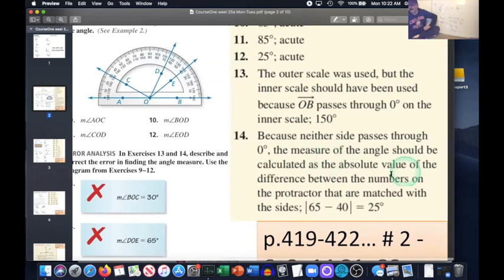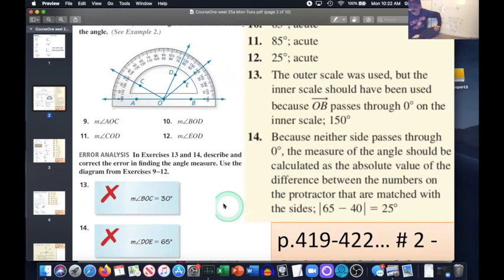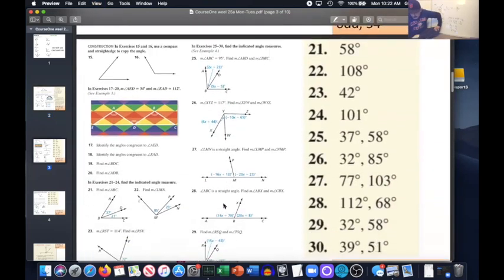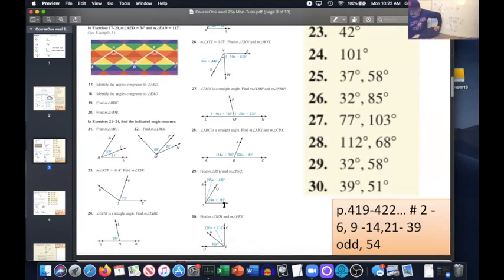Okay, and you can see the book has a more complicated way of doing that. Basically, bigger number minus smaller number. That's the same thing as subtracting and taking the absolute value. So this is a more sophisticated way of expressing the answer, which is good to be aware of, but it's not necessary.